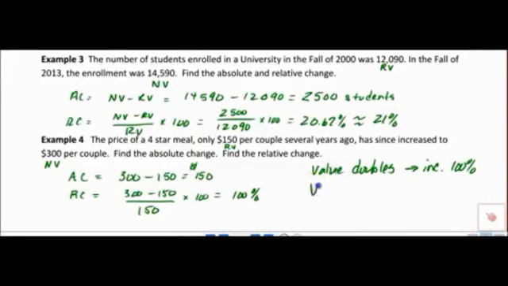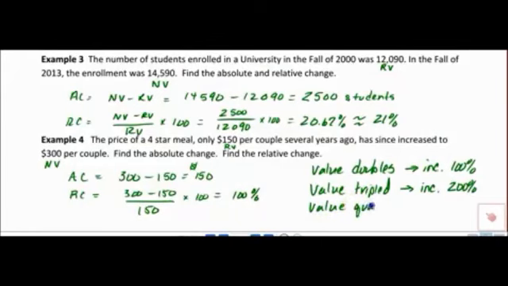What if the value of something tripled? If a value triples, then that means it has an increase of 200%. It means it's the original plus twice the original. And so on. You kind of see a pattern here.